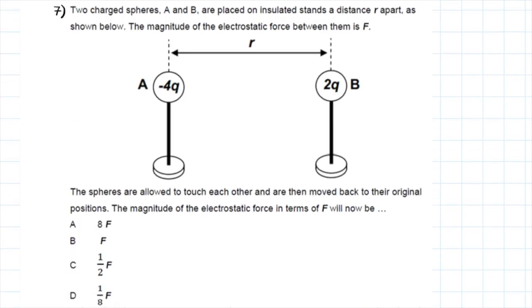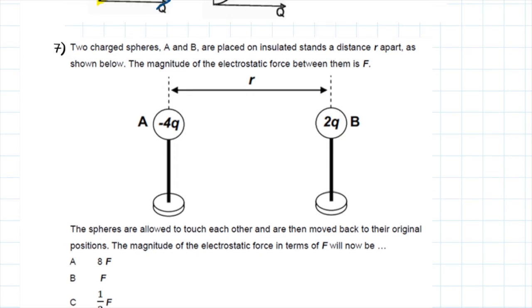Let's go on to question number 7, which says, two charged spheres A and B are placed on insulated stands at a distance r apart. The magnitude of the electrostatic force between them is F. Now, before we read the rest of the problem, I would like to see how we would calculate F. We would say that F is equal to K, the proportionality constant, multiplied by the magnitude only of the charge on A, which is 4Q.